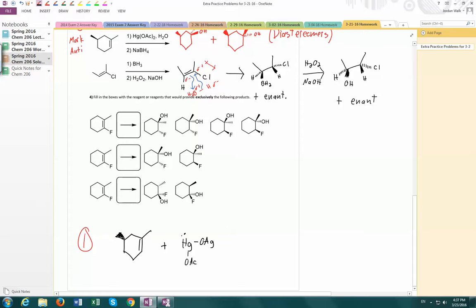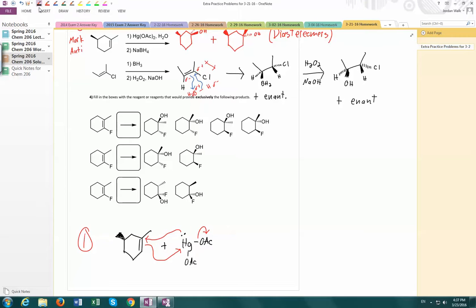We know that mercury has a lone pair, otherwise it wouldn't go through a halonium type mechanism. And so we start our reaction like this. This is an example of where we do have 3 arrows, even though it's a halonium type mechanism, because we have to lose one of these acetates, so we draw that back to there.